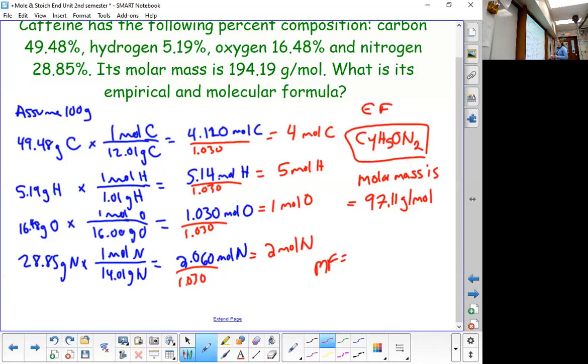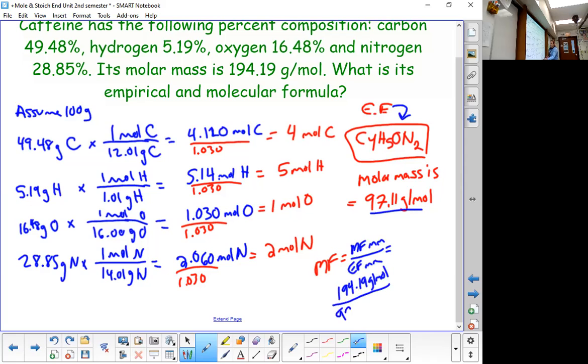So far, I have solved for the empirical formula, which is C4H5ON2. The molar mass of that compound is 97.11. He wants to know the molecular formula. Molecular formula is the molecular formula molar mass over the empirical formula molar mass. You get some number. If we do that, it gives us the molecular formula molar mass is 194.19 grams per mole.